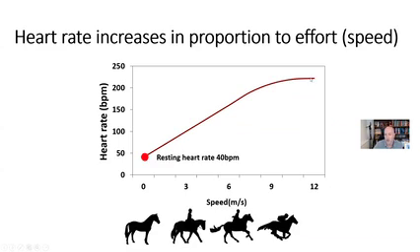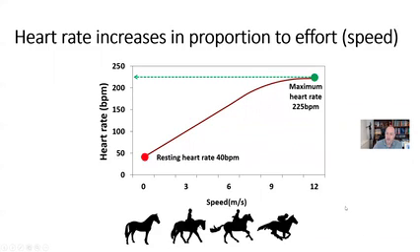And this is what we would say is the horse's maximum or peak heart rate. Now, the principle here is that below this point, an increase in effort is proportional to an increase in heart rate. So if the horse works twice as hard, the heart rate should go up proportionally. So we've got maximum heart rate here.